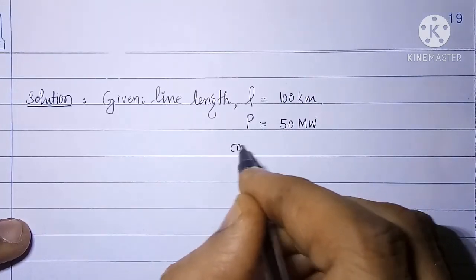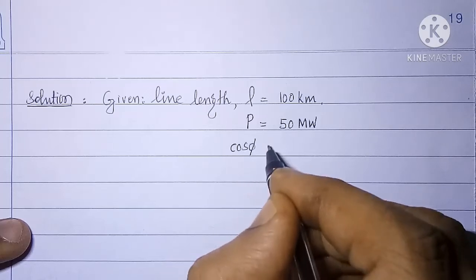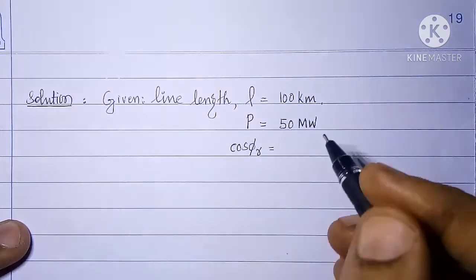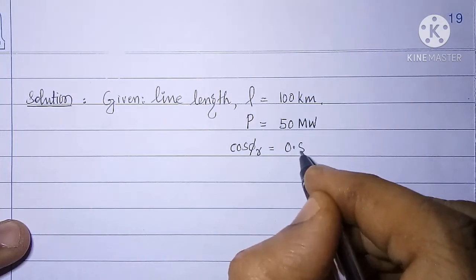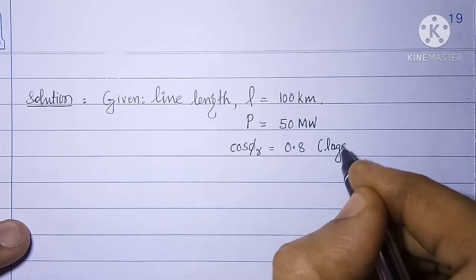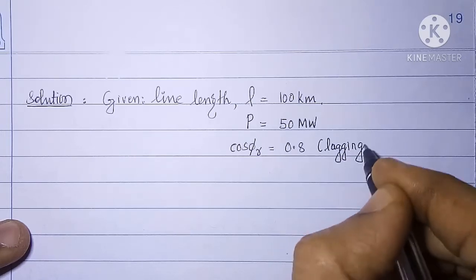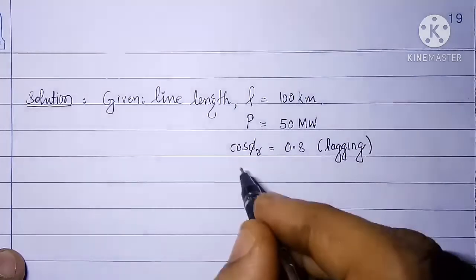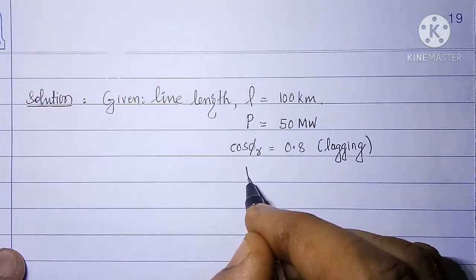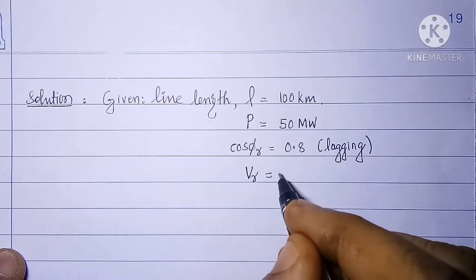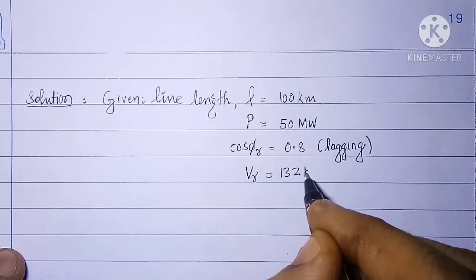Power factor cos phi r, at receiving end, is equal to 0.8 lagging. Receiving end voltage VR is 132 kV.